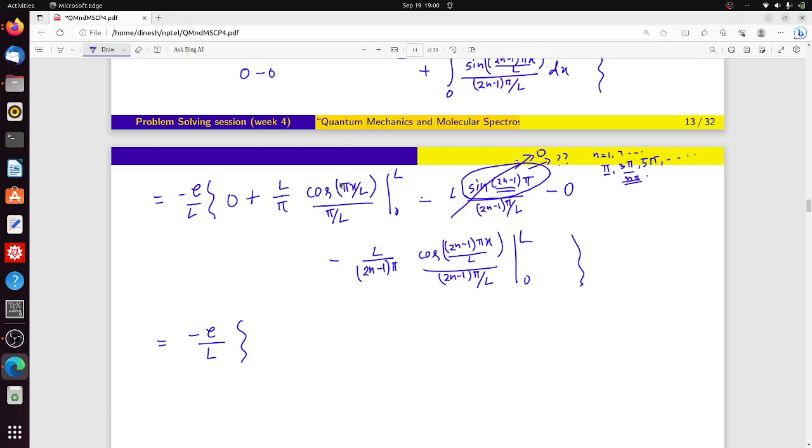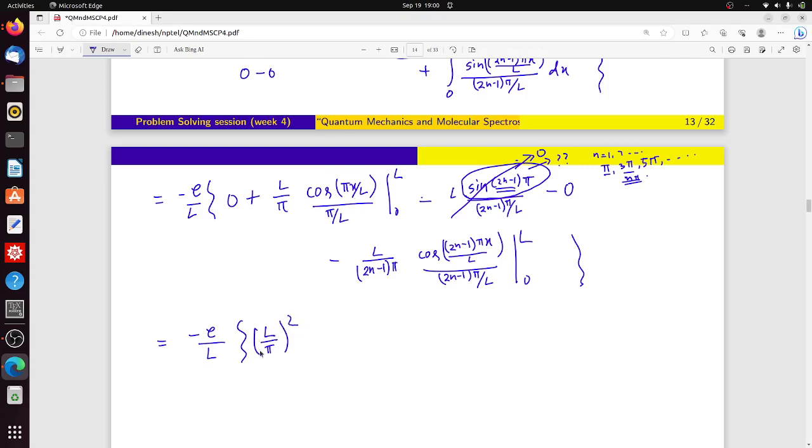Okay, so if I apply upper limit here, then this will be giving me cos pi. What is the value of cos pi? 1, sir. Cos pi is 1 or sorry, minus 1? Minus 1. Yeah, minus 1. Okay, let me write the constant first. L over pi, there was 1 L over pi, so it's square.